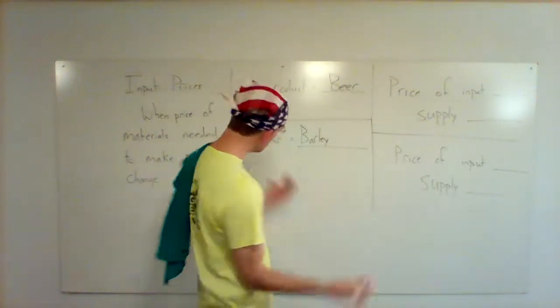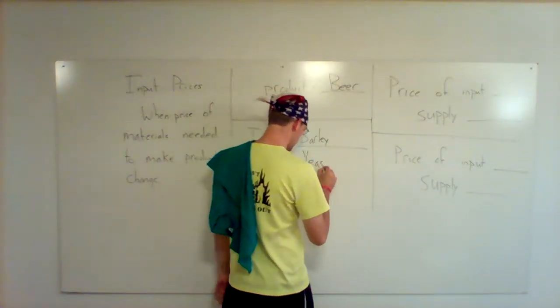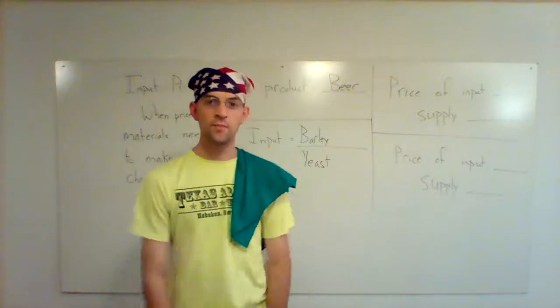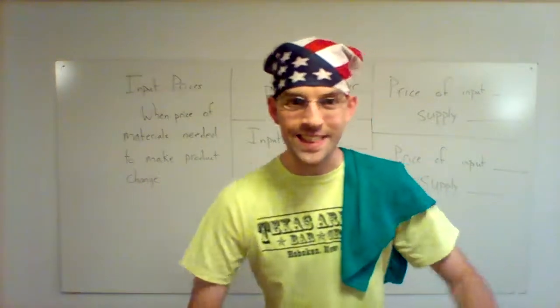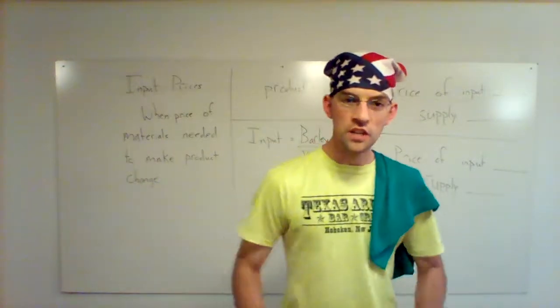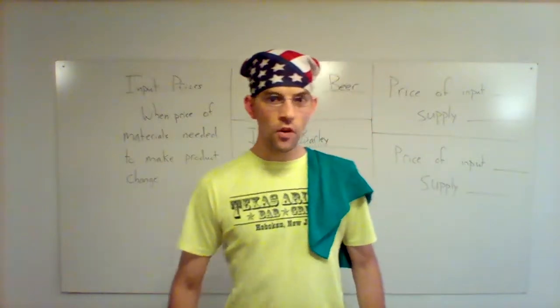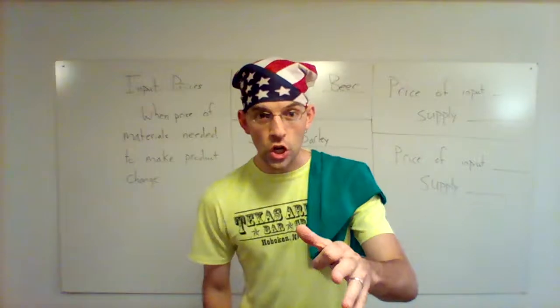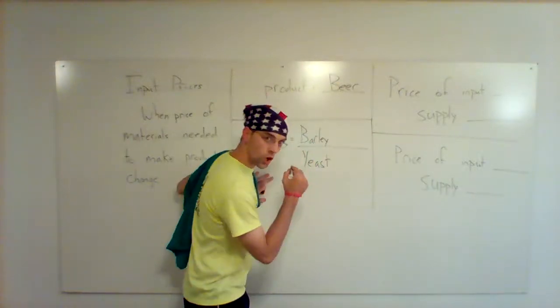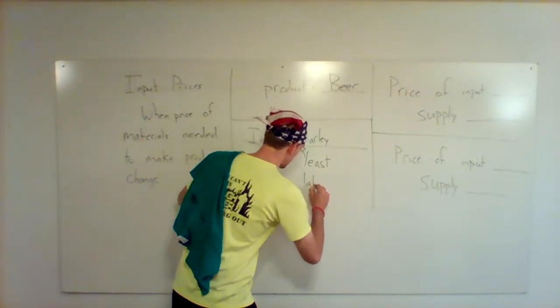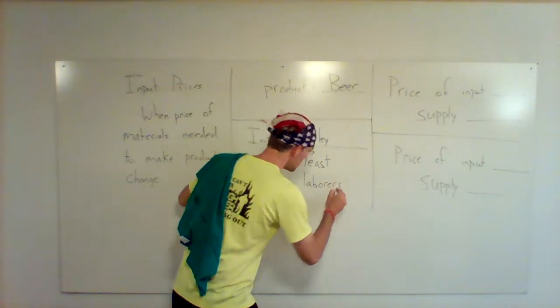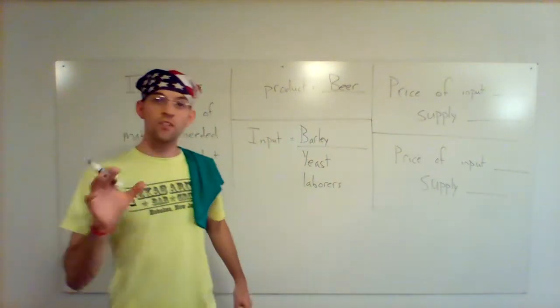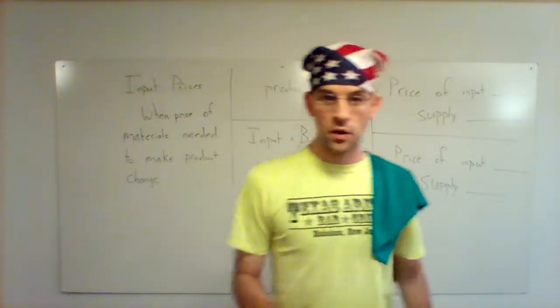You need yeast. What else might you need to make beer, or to make anything, pretty much? Think about your circular flow activity. We needed factories. We needed workers. So workers, or I'll call them laborers, could be an input. And in fact, it's a very popular input to see on questions, all right?